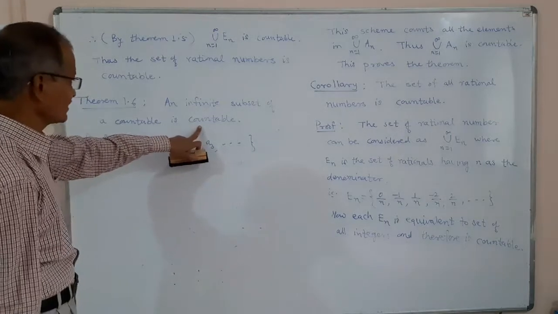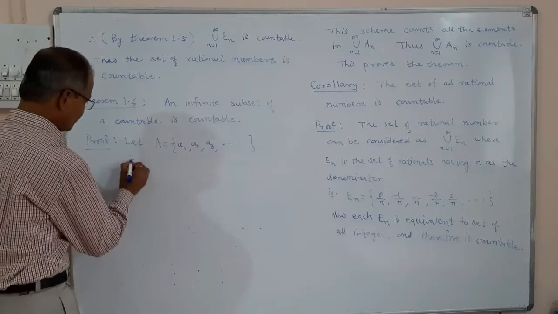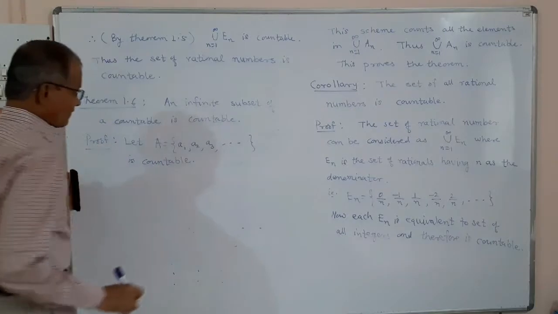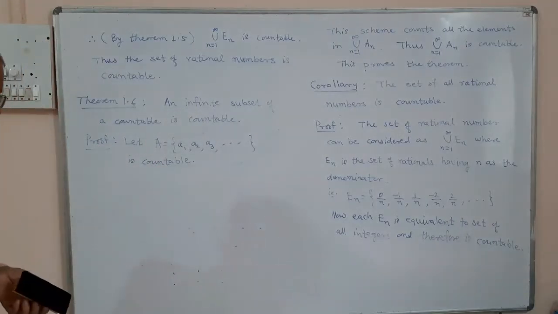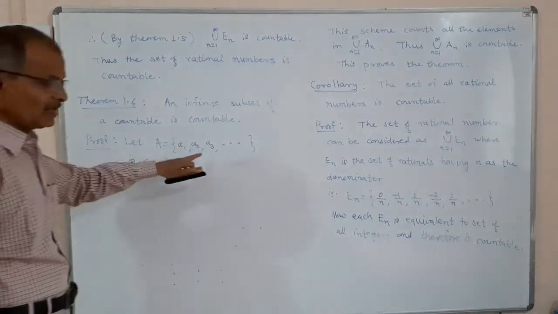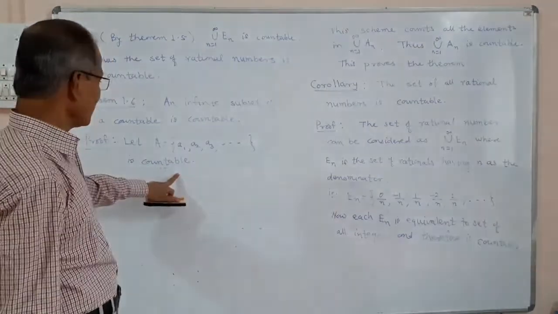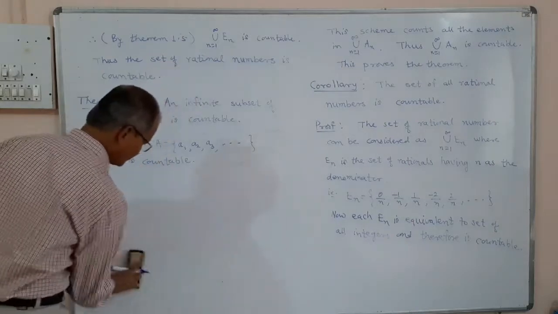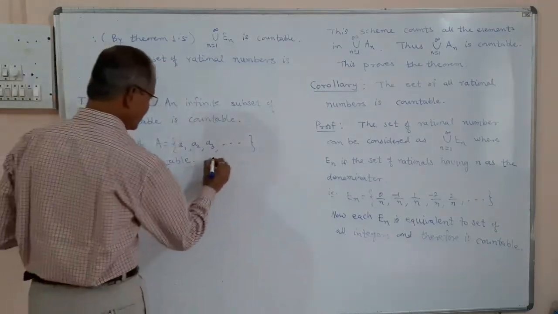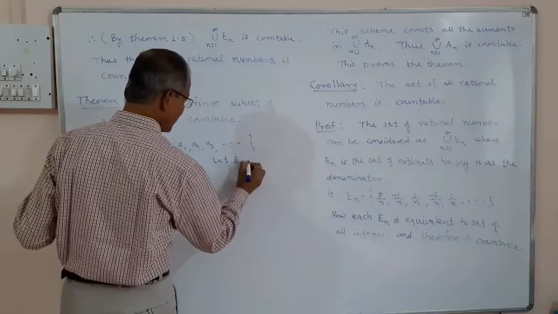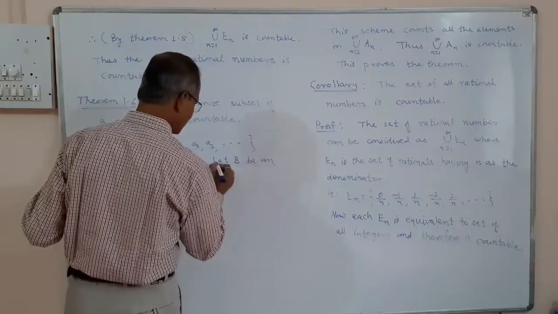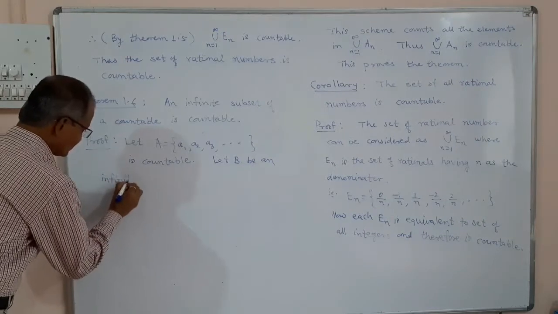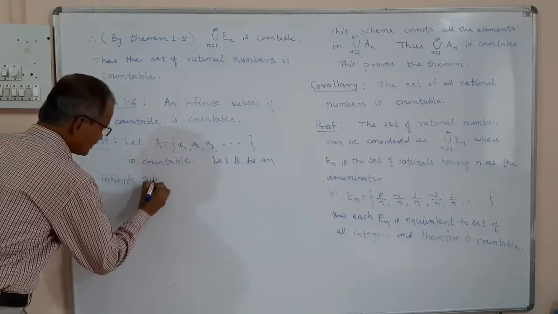Let Ai be an element of A. Let B be an infinite subset of A.